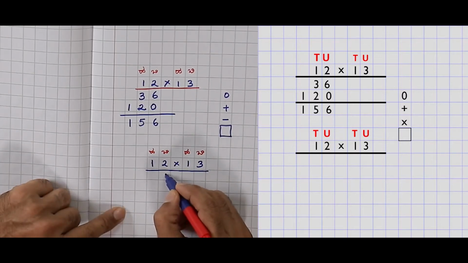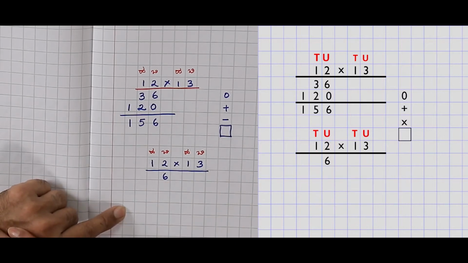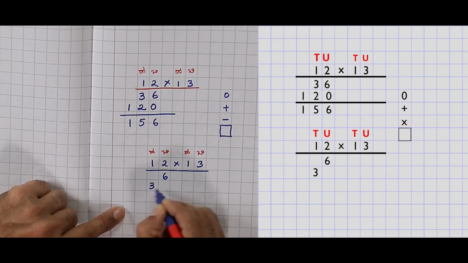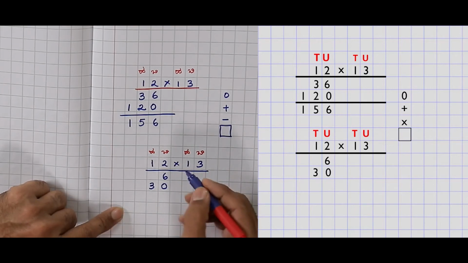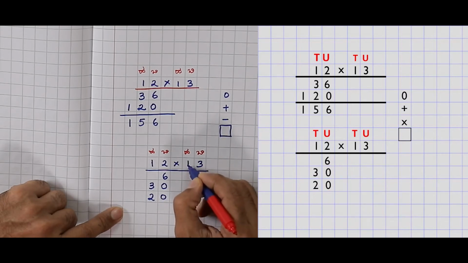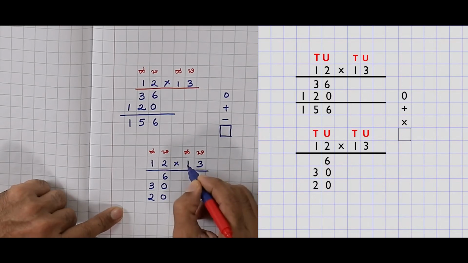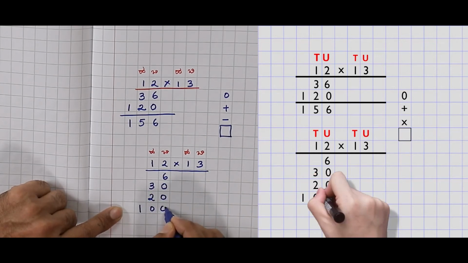Now from units, I am multiplying the tens position. 3 tens are 30. See, when I multiply each number, I will write it down here. 10 2s are 20. This is the 10th position. It is not 1. This is 10. So 10 2s are 20. 10 tens are 100.